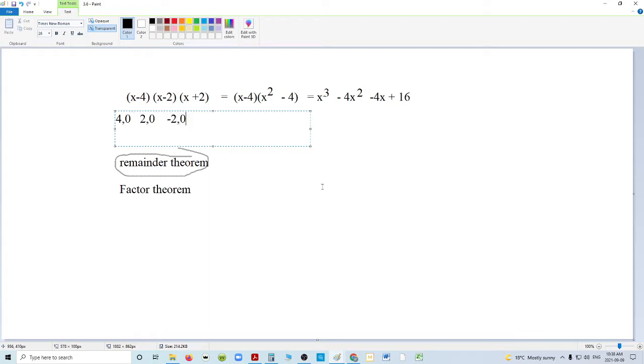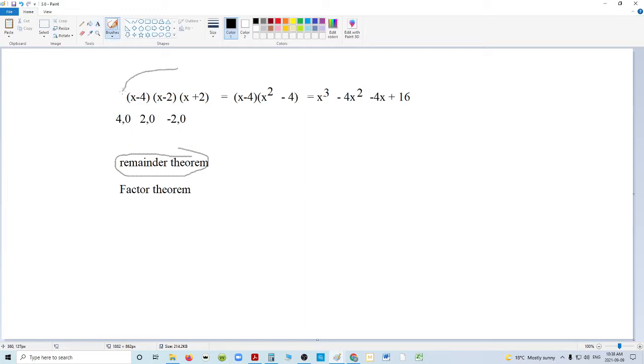Very clearly, the only time we're going to get 0 as a result is if we plug in these x numbers. Nothing else will produce a 0. These are the only x-intercepts, which means any other number that we plug into this equation will produce something that's not a 0 or a remainder. The remainder theorem is really silly.